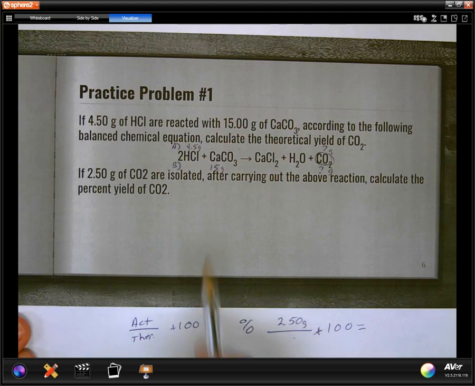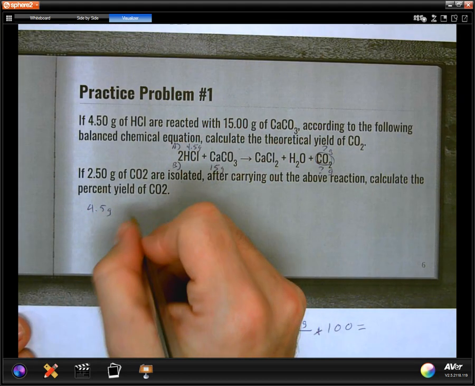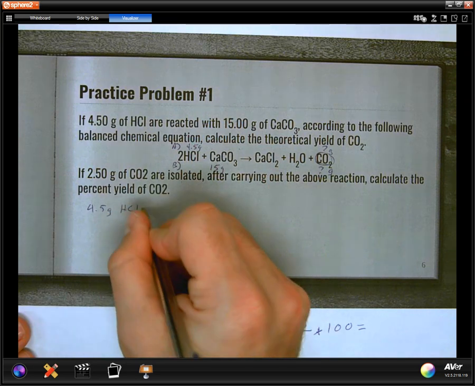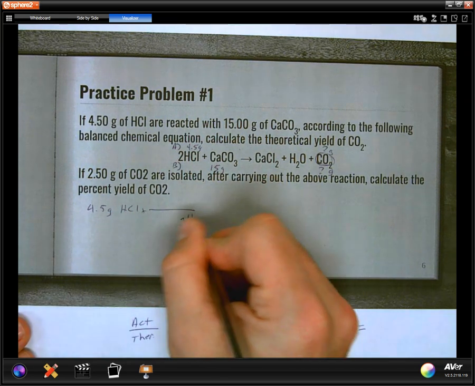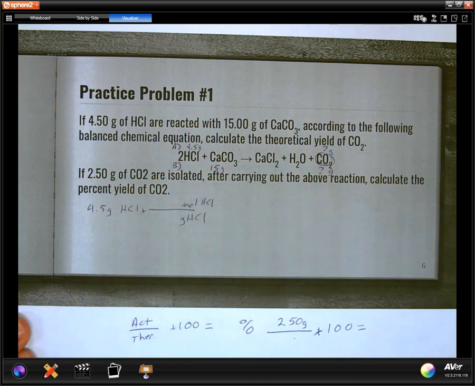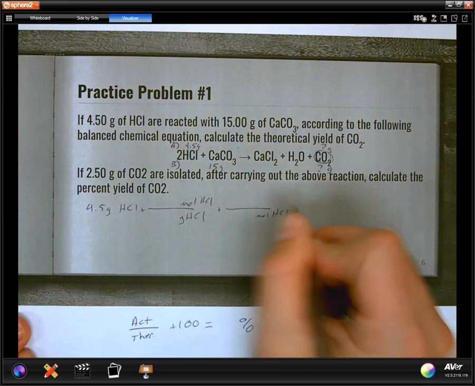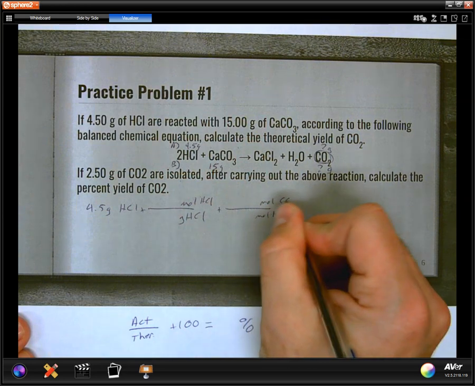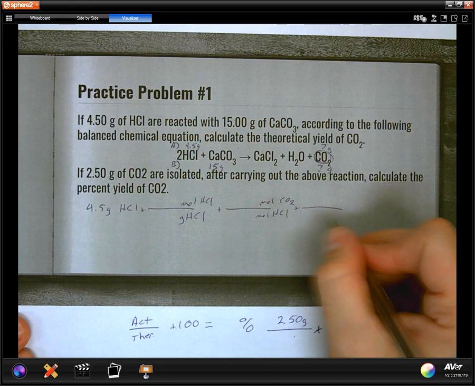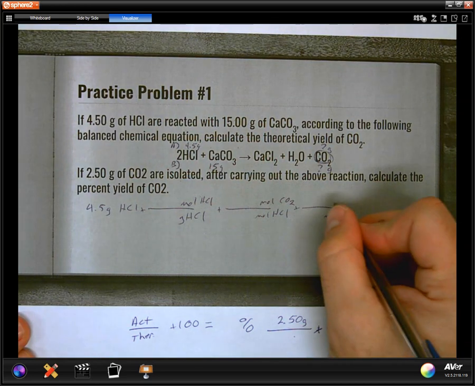Okay, so let's get started. 4.5 grams of HCl. Follow those units. We know we can go from grams to moles of HCl. Now I'm going to go from mole of HCl to mole of CO2. Now I'm going to go from mole of CO2 to grams of CO2.